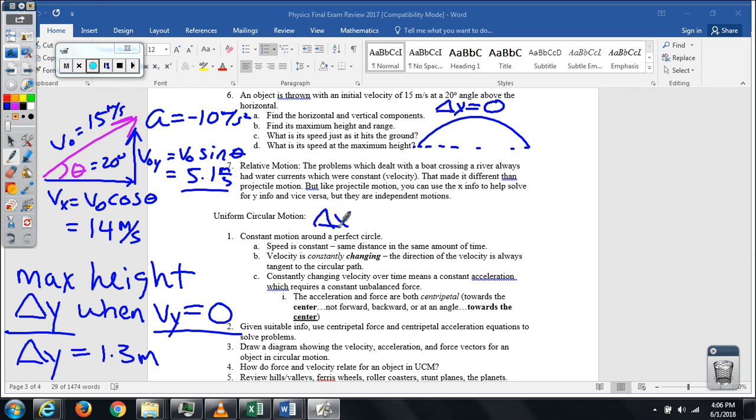And remember that delta x equals vxt. So vx is 14 meters per second. So you do have to know how much time it spends moving 14 meters per second forward.